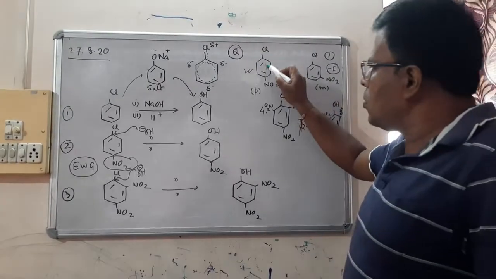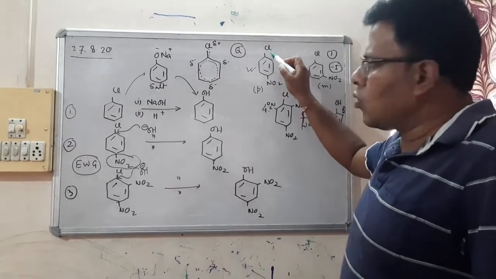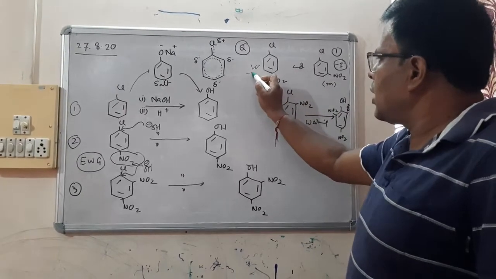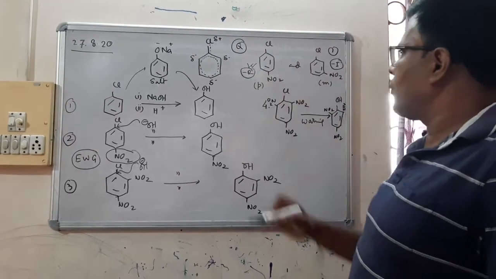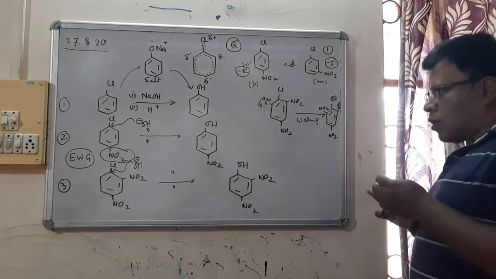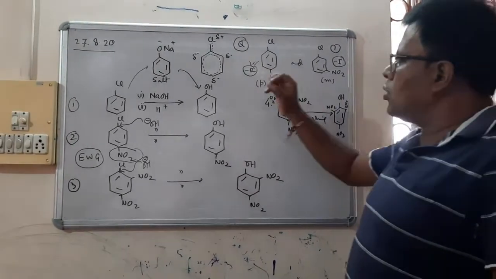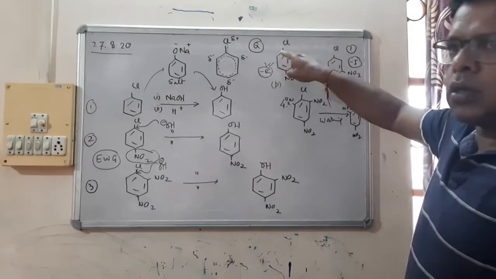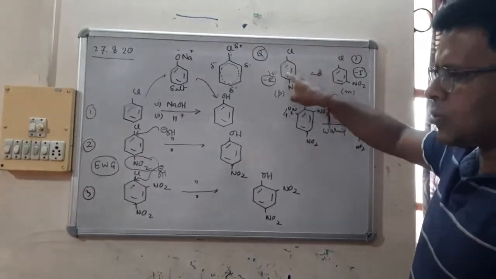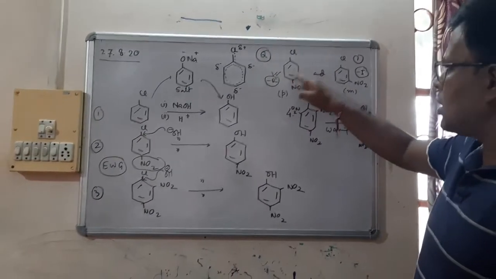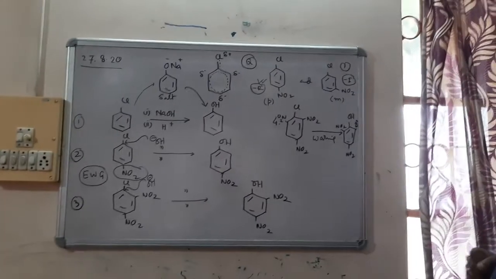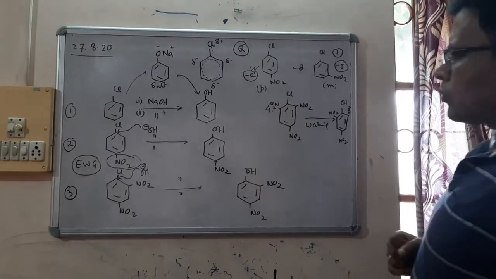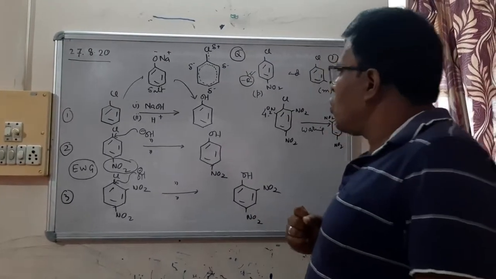But here there will be considerable decrease in electron density because of minus R effect. So that's why your para isomer will undergo nucleophilic substitution reaction much more readily than the meta isomer. So this you need to know, very important.